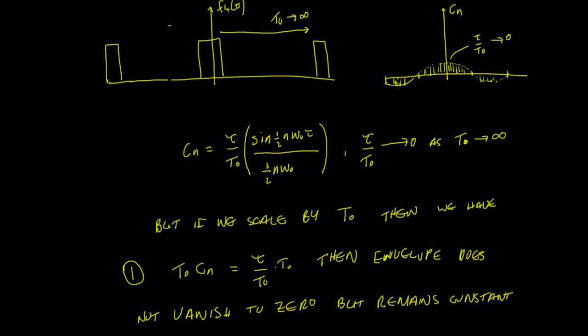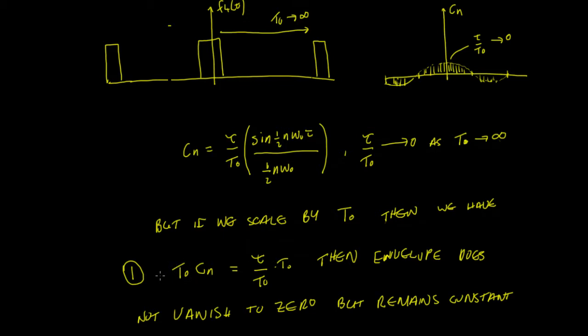If we were to scale this by a value T naught, so instead of looking at Cn, we looked at Cn T naught, then in this instance we would have tau upon T naught times T naught. It would mean that the height of this thing would remain at a fixed value of tau, no matter what value you had for T naught.